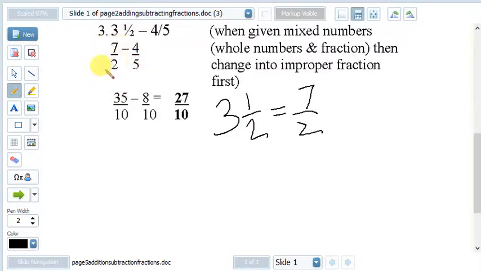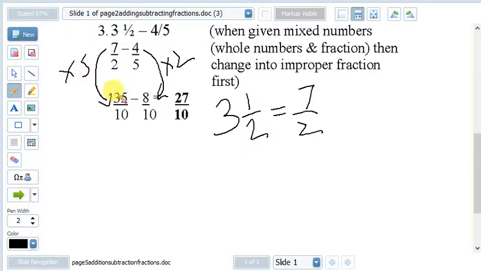And now we look at our fraction, and it's a takeaway, so we know that we need to get a common denominator. So now the common denominator here between 2 and 5 is 10. So we've got to times that by 5, and we've got to times the second fraction by 2.